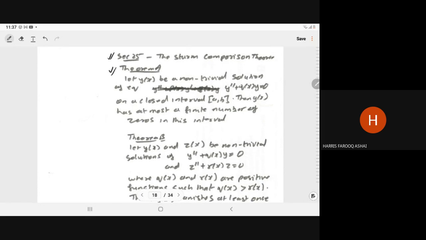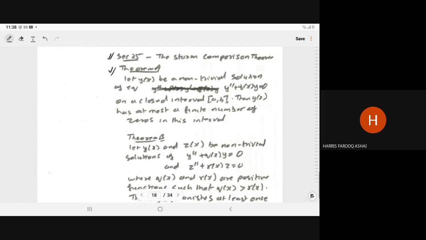Let y(x) be a non-trivial solution of the equation y'' plus q(x) y equals 0 in a closed interval [a, b]. Then y(x) has at most a finite number of zeros in this interval.